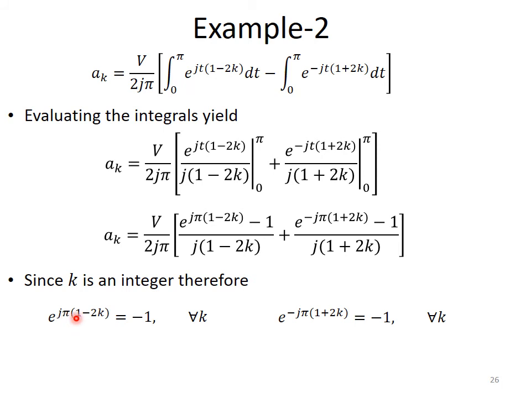So value of cos pi is minus 1 and sin pi is 0, and similarly this one would also be minus 1 for any value of k, right? So for example, we substitute k equal to 3, right? So this would be 2 into 3, 6, and the function would be e power minus 5 pi, right?